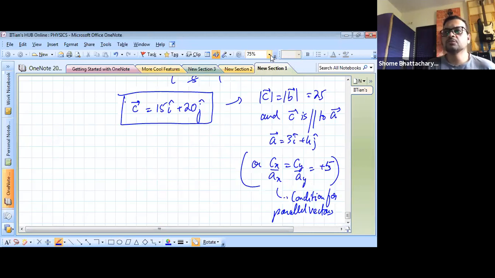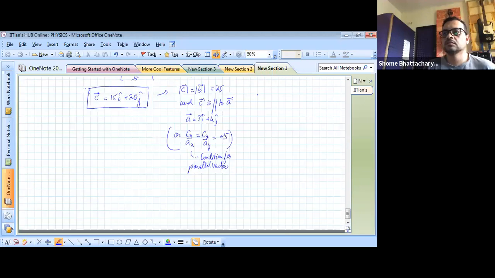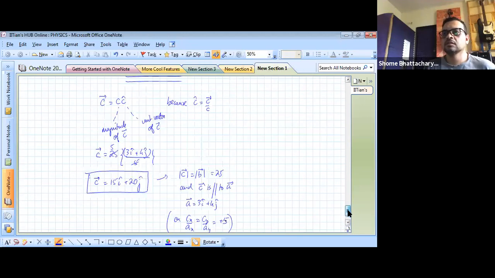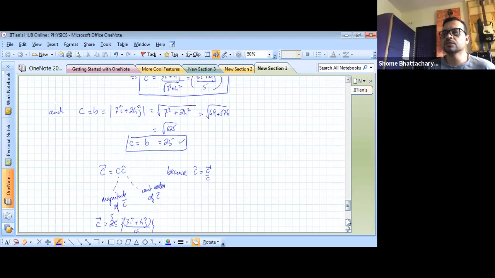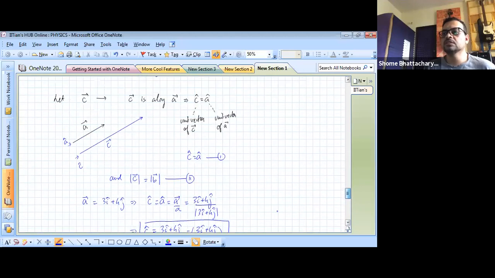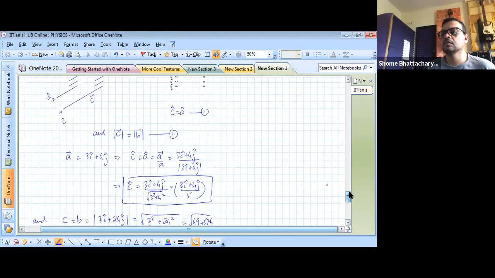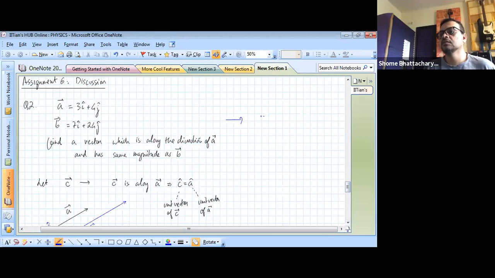No, not A and B, but A and C. That's another way you can do the question. The alternate way is that you apply the condition that C is along A, or parallel to A. That means C will be equal to some number times A, where n is a positive number.